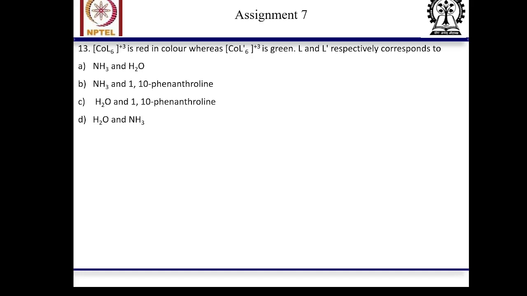Now we have to see that once red comes, it means it is absorbing the green light. Once green is coming, it means it is absorbing the red light. Now green has lower wavelength, and this has the higher wavelength.